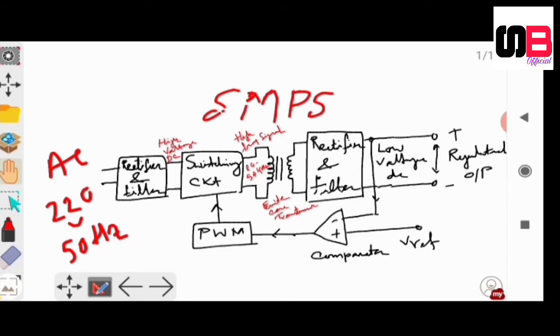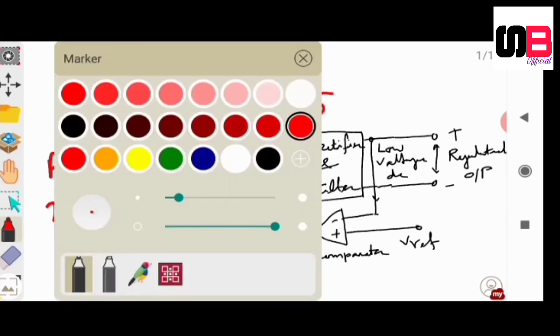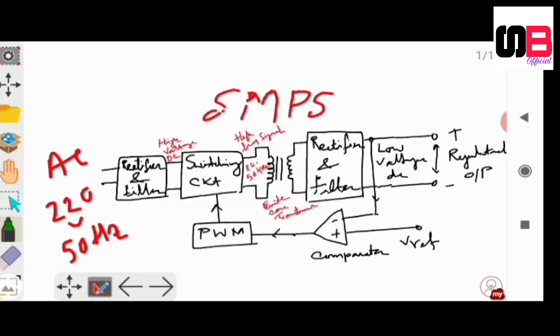First of all, it is rectified and filtered, and at the end of the rectifier circuit we get a high voltage DC signal. So the DC signal is available here, which is given to the switching circuit.